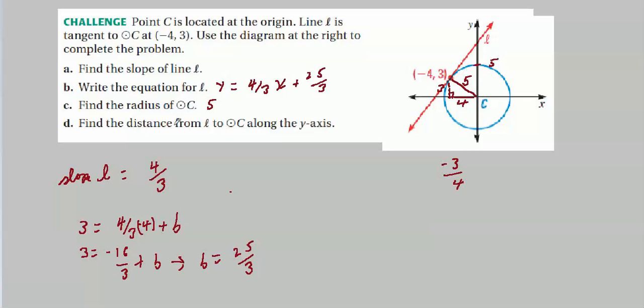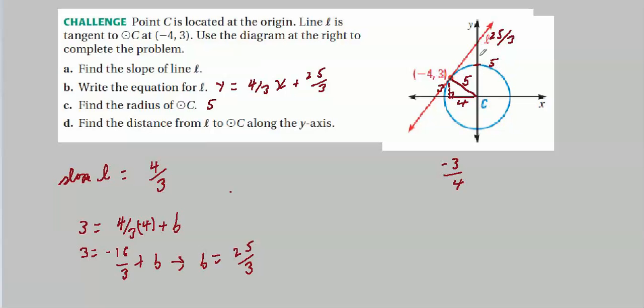Find the distance from L to the circle along the y-axis. That would be this distance here. Well, 25 over 3 is the y-intercept for our line. I'm going to subtract 5 from that. This is 25 over 3, this is 5, and that'll give us this distance right here.